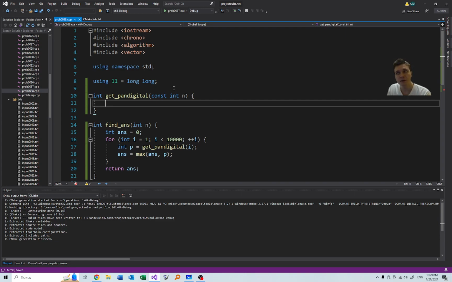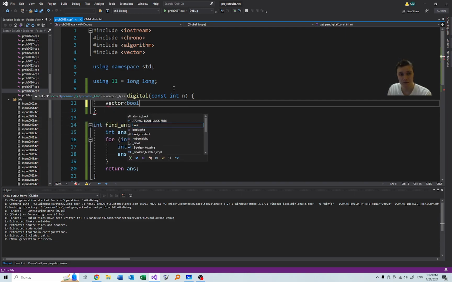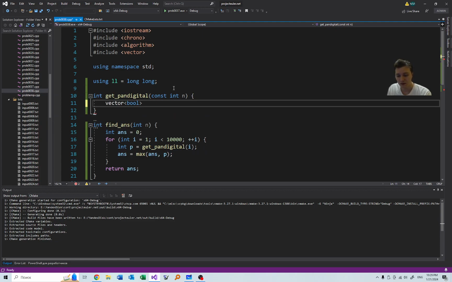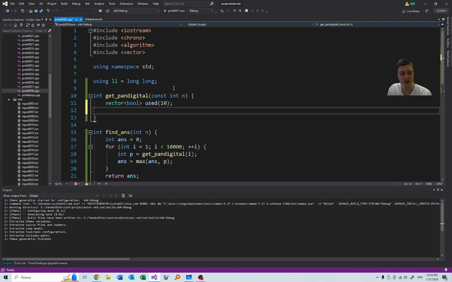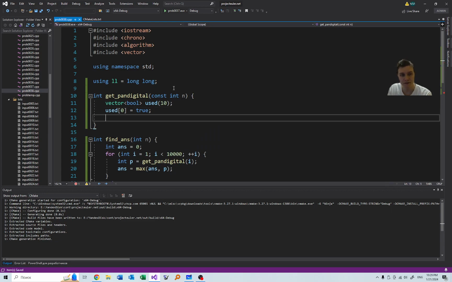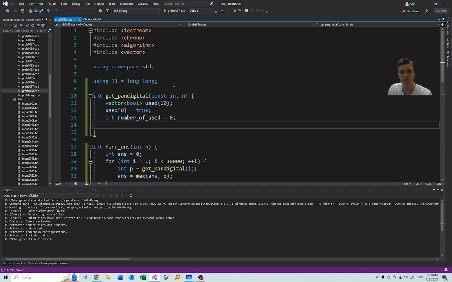First of all, we start with an array of used digits, which is initially only falses. So this means that we used none of the digits. Also, let's say that the 0th digit is already used, so we cannot use it again. And finally, we say that number of used digits is 0 initially.